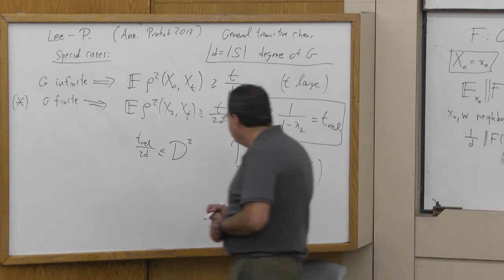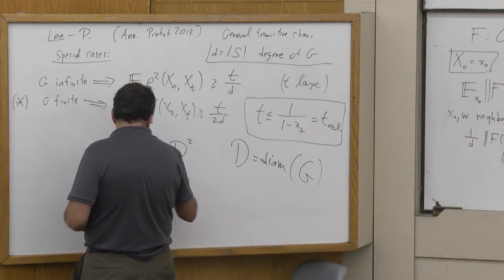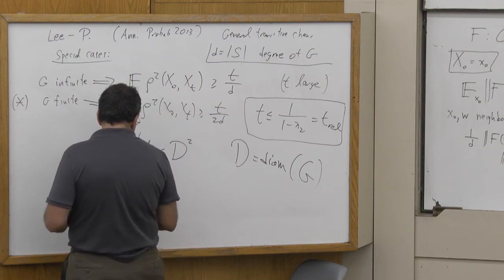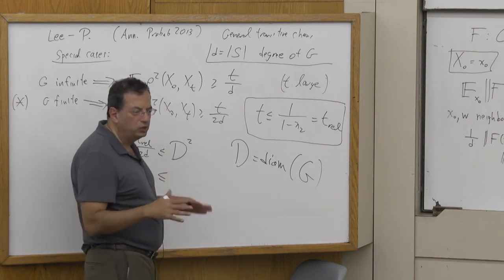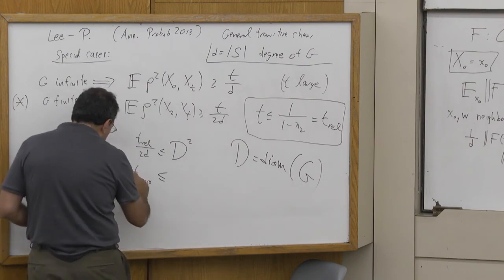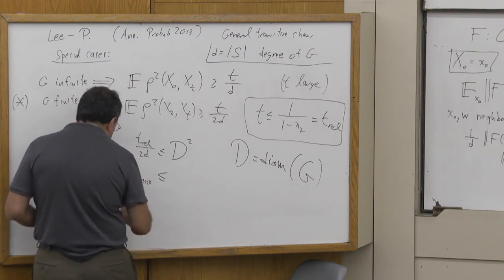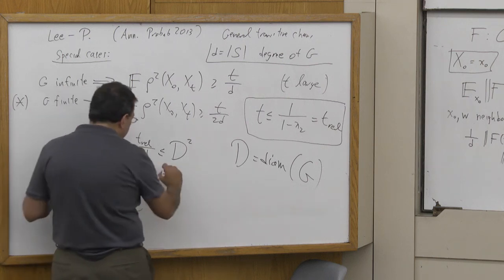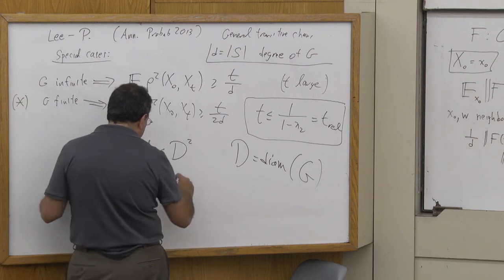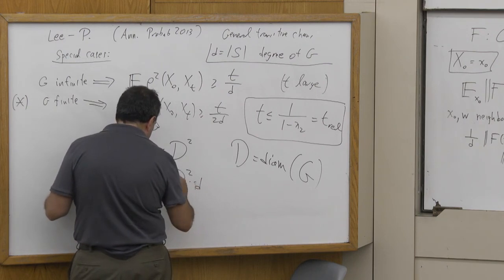Is it true? Going from relaxation to mixing, there's always this annoying issue of periodicity. So when talking about T-mix, I'm going to switch to the lazy simple random walk, again on a Cayley graph G. And then I ask, is it true that T-mix is at most D squared times D times a constant?